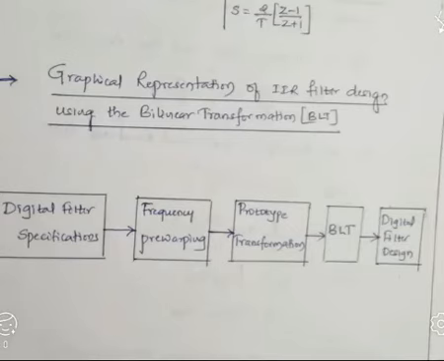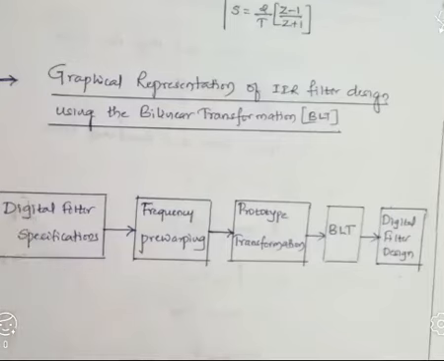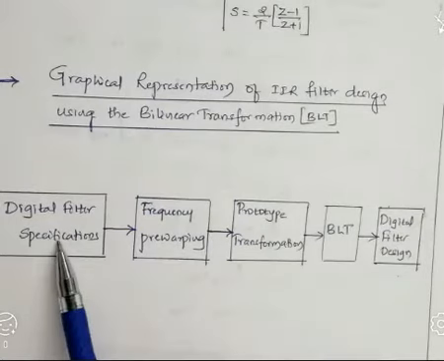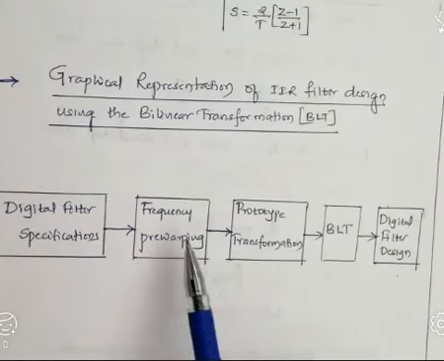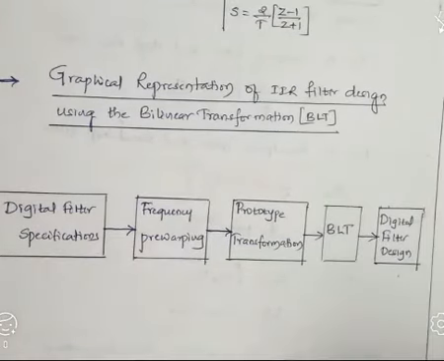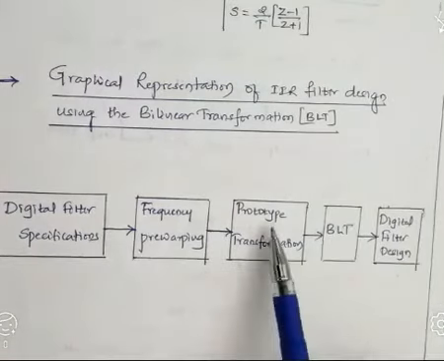In the numerical, the specifications are always given for the digital filter. So the first step is to convert the given digital filter specifications, by using frequency pre-warping concepts, from digital frequencies to analog frequencies. After that, you have to perform the prototype transformation.